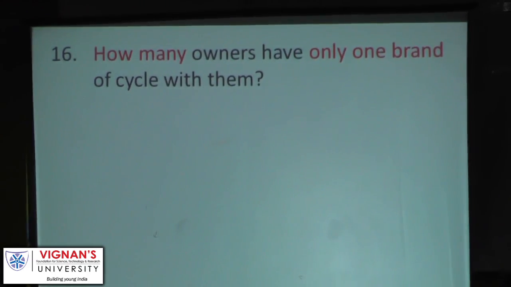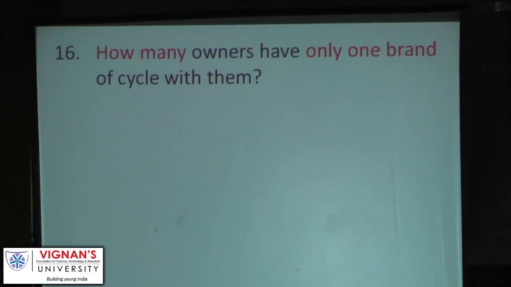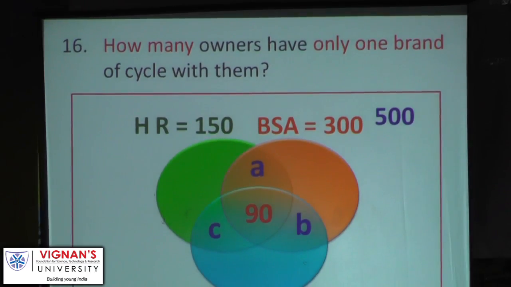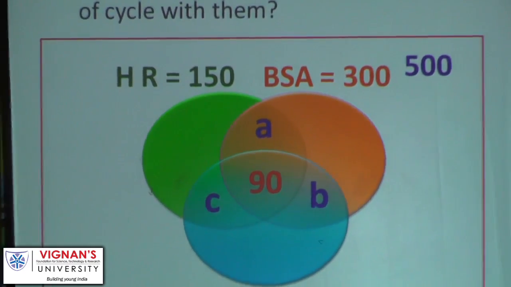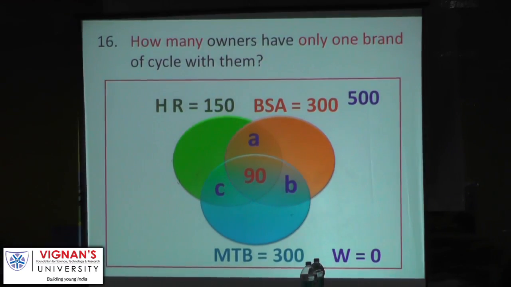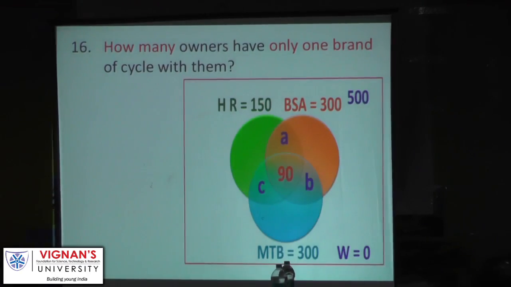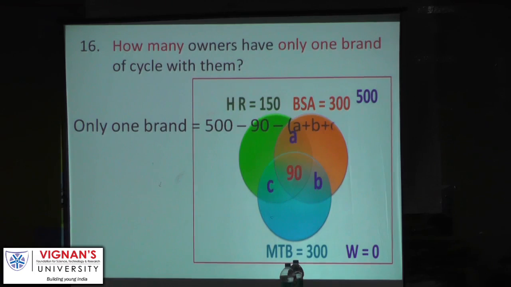How many owners have only one brand of cycles with them? So what do we need to find out? Only one brand. It means only one brand, something like this. Total 500, all the 500 are inside.